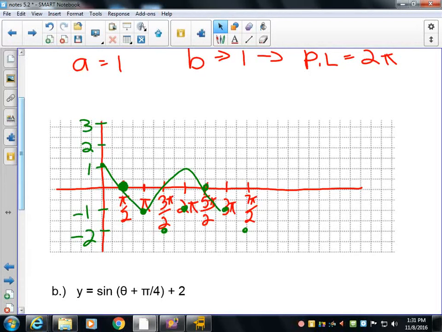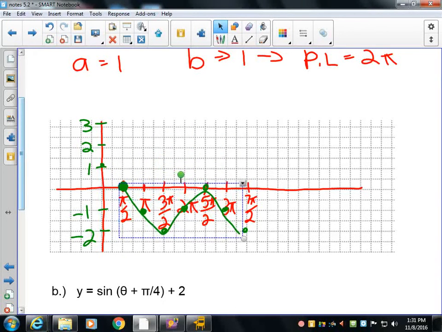But that graph was shifted down 1 and over a pi halves. Okay? So if you shift it down and over your starting point, and then you just follow the cos rule, down, down, up, down, down, up, you only have to move 1 point, the starting point. Okay? Is this good?